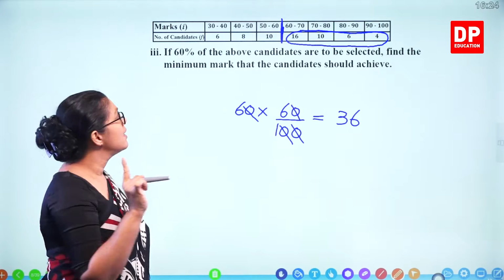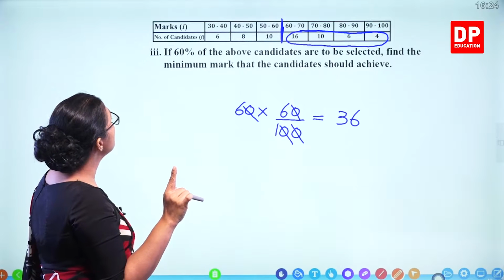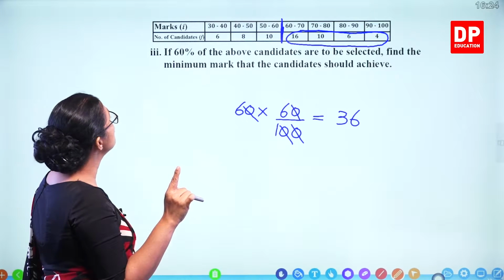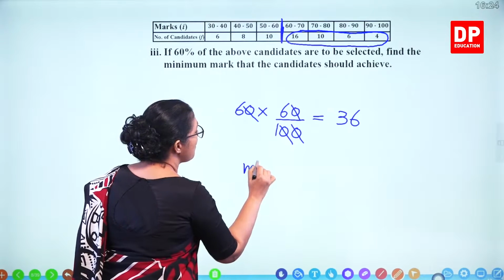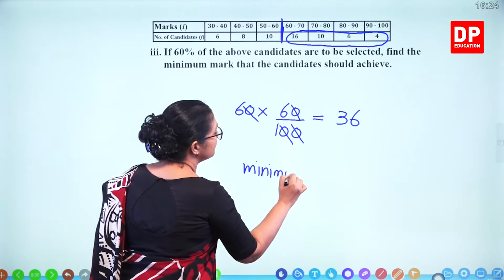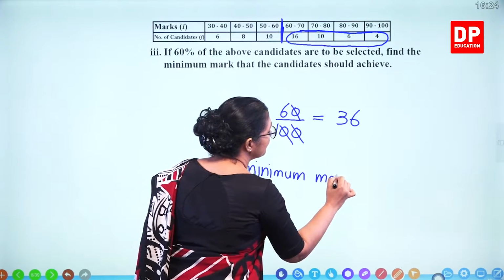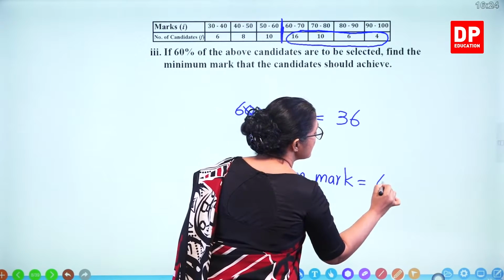So what's the boundary mark, minimum mark that candidates should achieve? 60. So the minimum mark is 60.